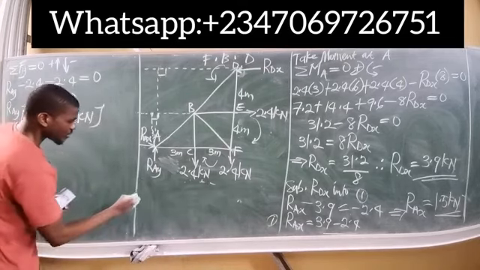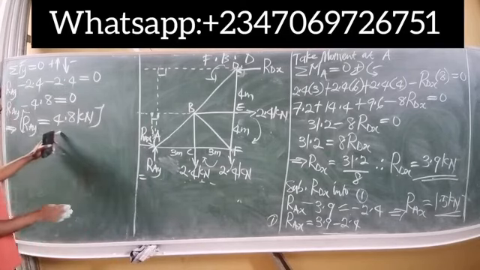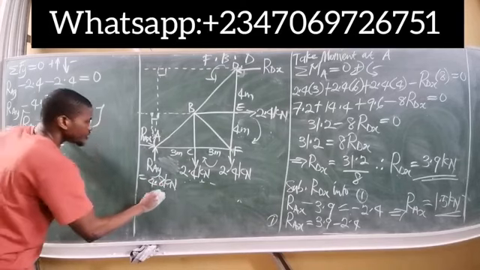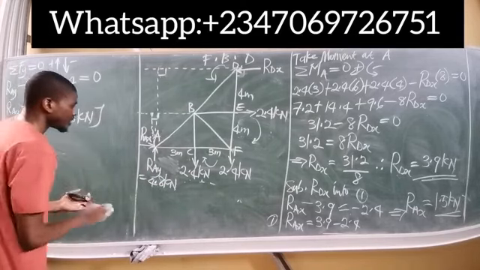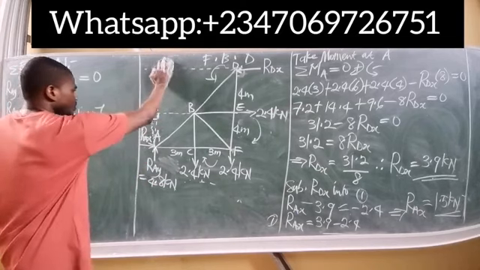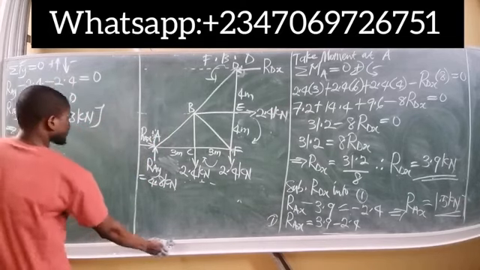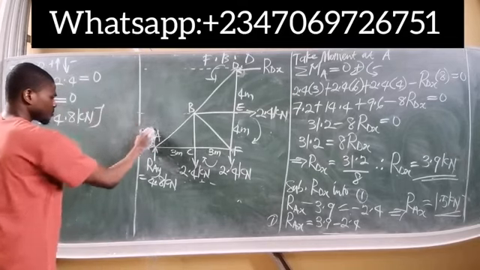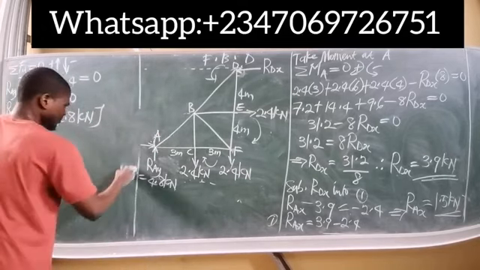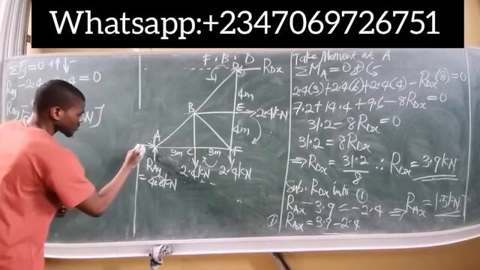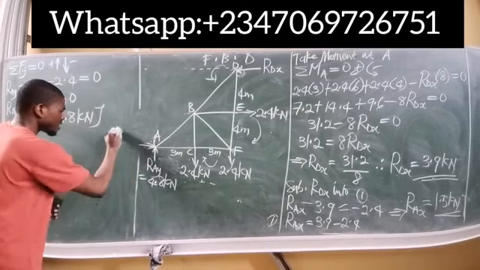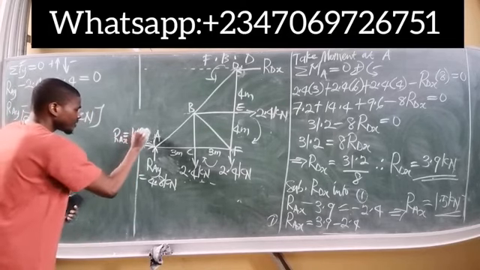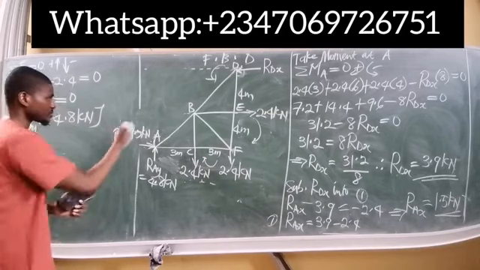Okay, so we had RAY. RAY is 4.8 kilonewtons. Let's get it down, 4.8 kilonewtons. Okay, we had RAS, and RAS gave us 1.5 kilonewtons.